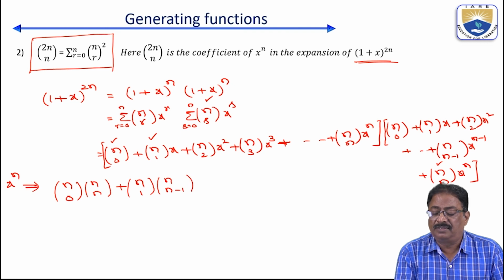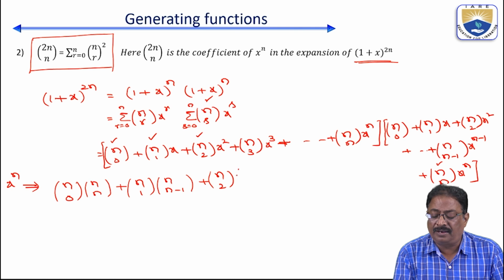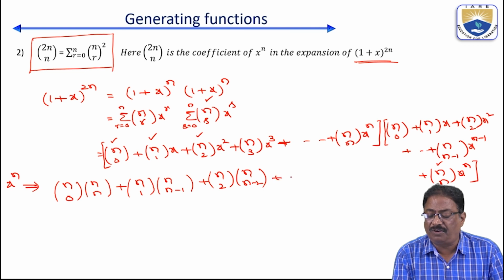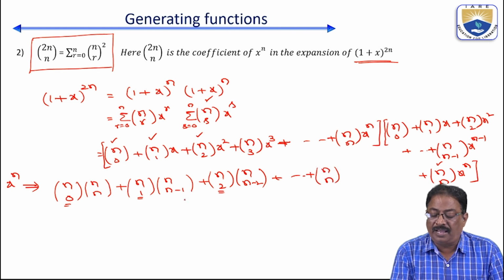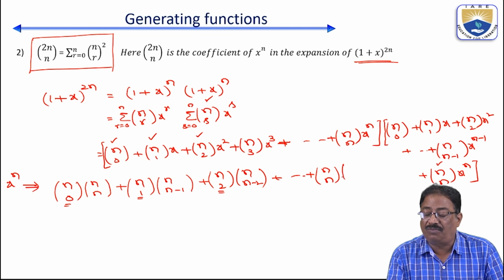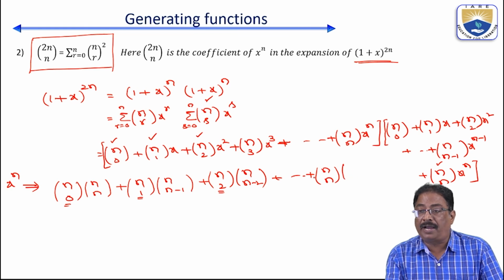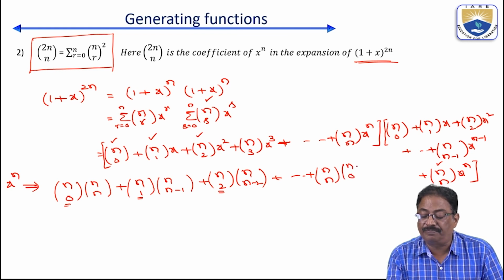Then this one, plus nC2, then nCn minus 2. Like that it will continue with 0, 1, 2, and so on. This will increase to n, n minus 1, and so on. It will increase to n minus n, that is nC0.